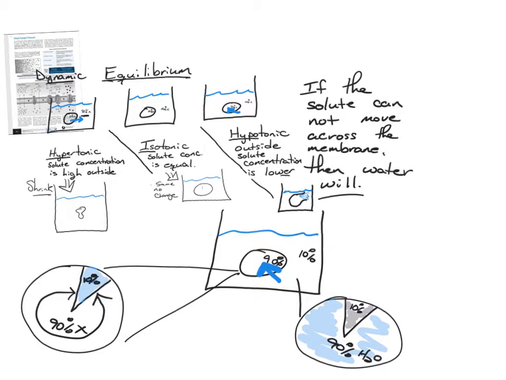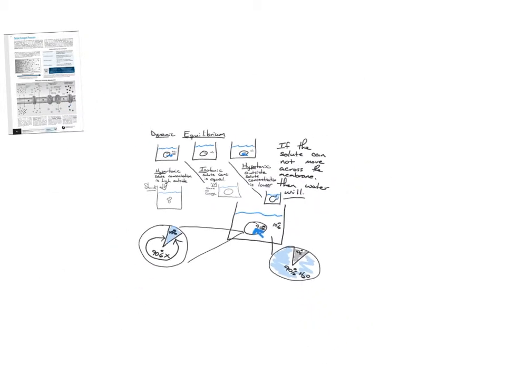Now, what about these things that can't move very easily? What if I had a cell that needed sodium? Again, I'm going to draw this without drawing the membranes, if you don't mind. I have a membrane, kind of the lipid layer.